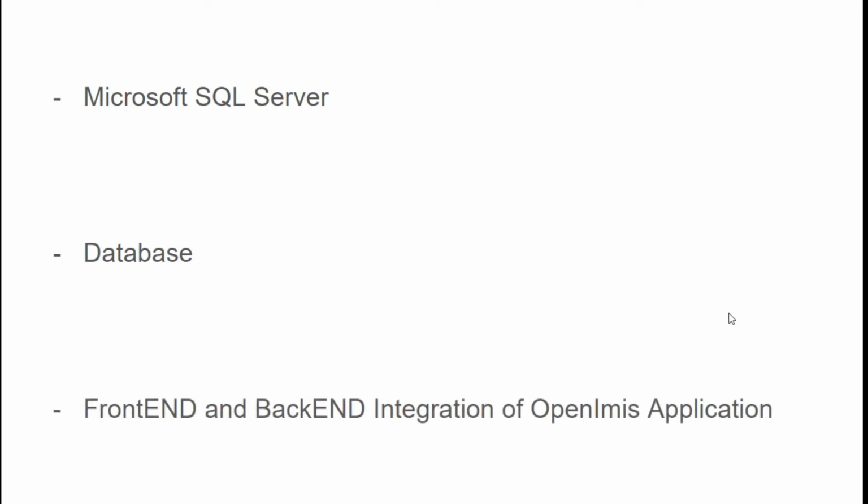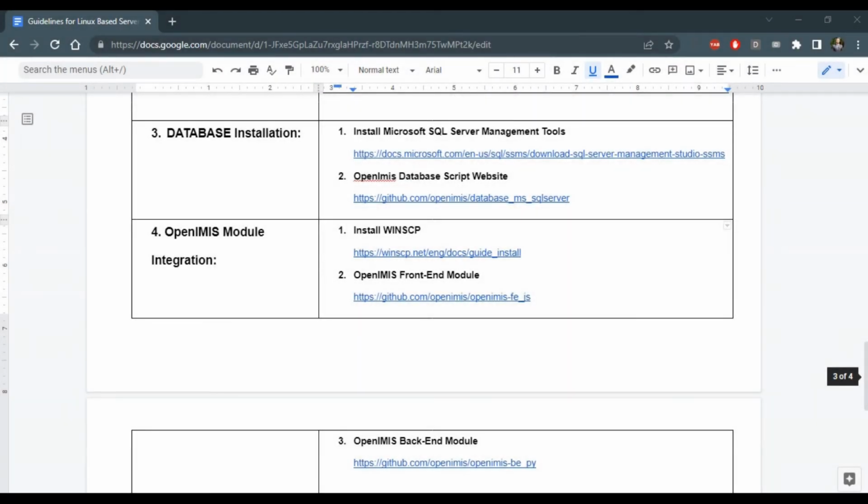Till now, we have successfully implemented Microsoft SQL Server, our database, and now the process of front-end and back-end integration of the OpenIMIS application needs to be implemented. So now let's take a look at the guidelines provided.